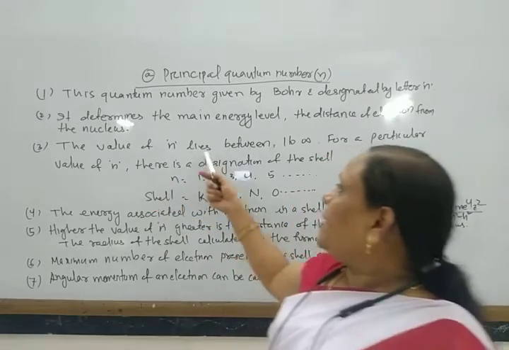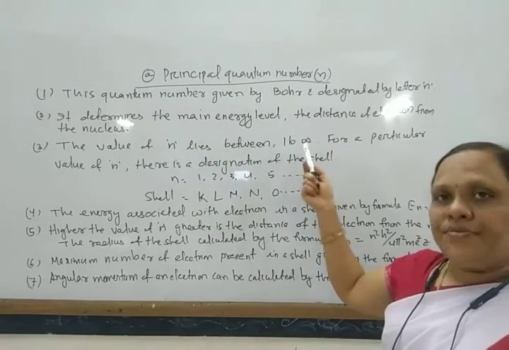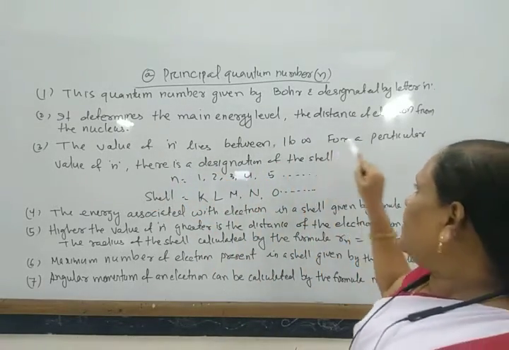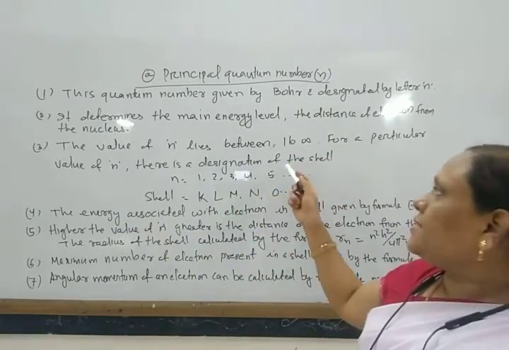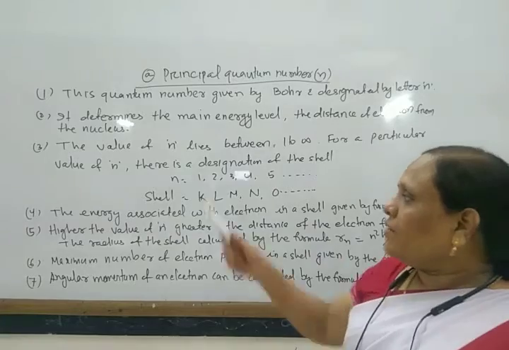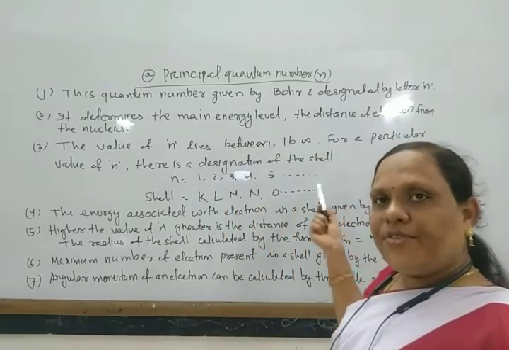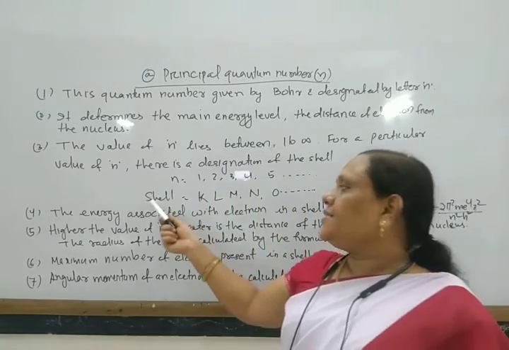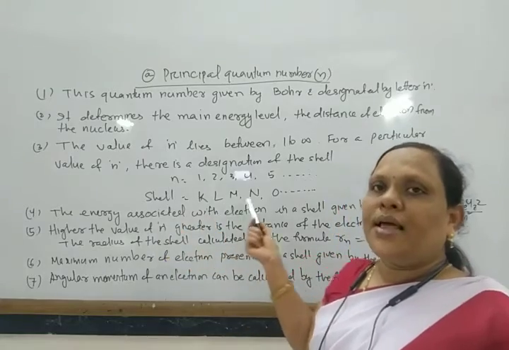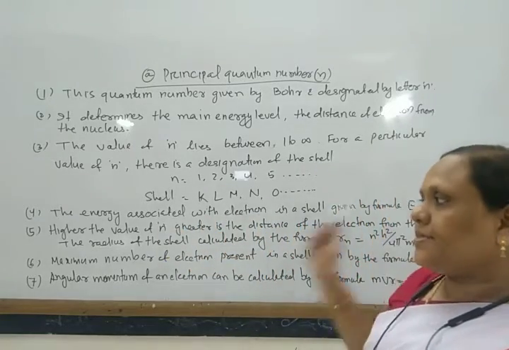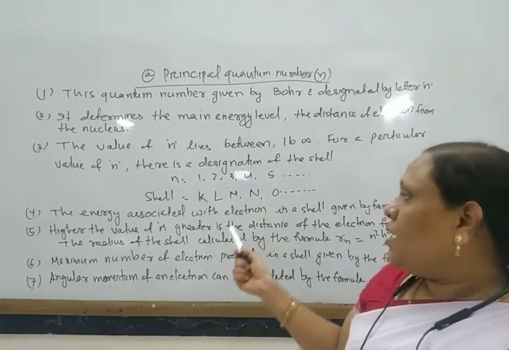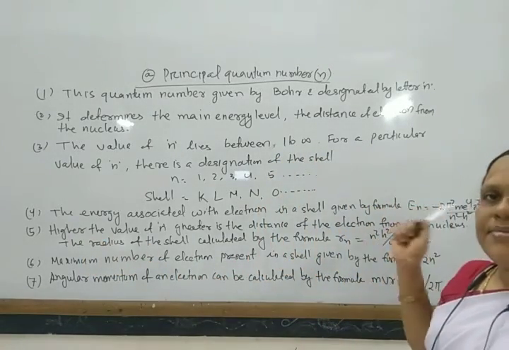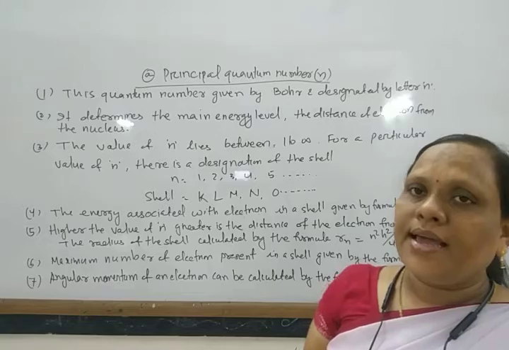The value of N lies between 1 to infinity, that is an integer generally, and for a particular value of N, there is a designation of this cell. So N value 1, 2, 3, 4, 5, 6 like this, and the cells are also K, L, M, N, O, P like this.